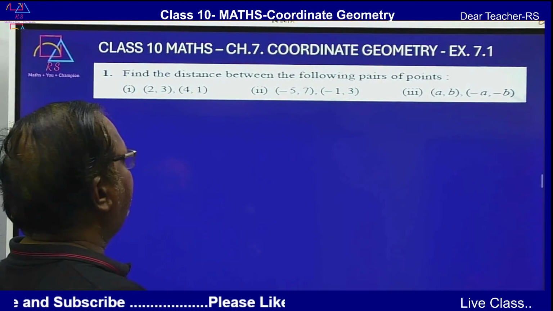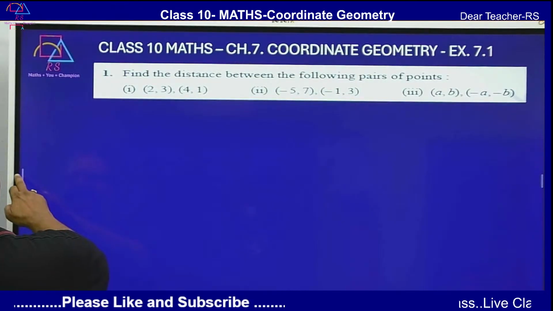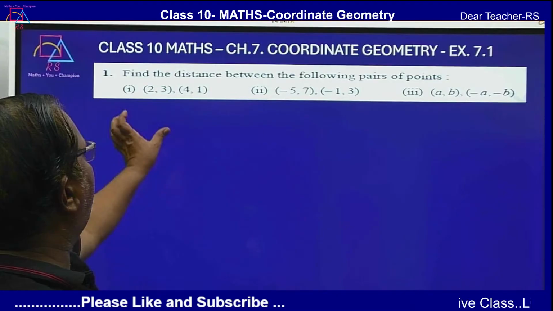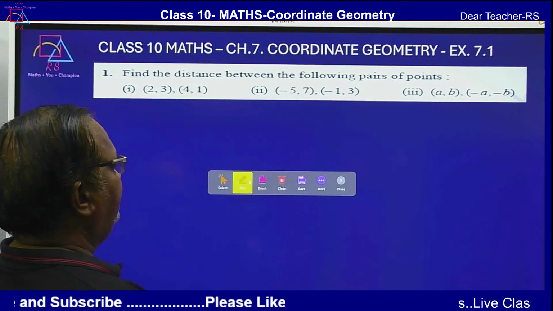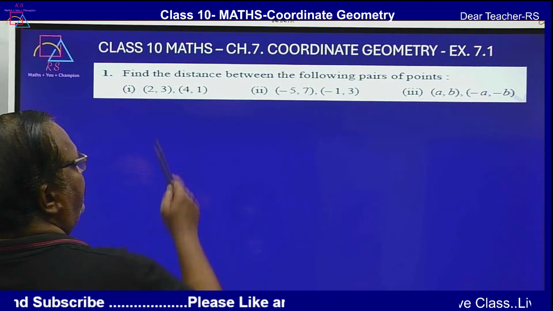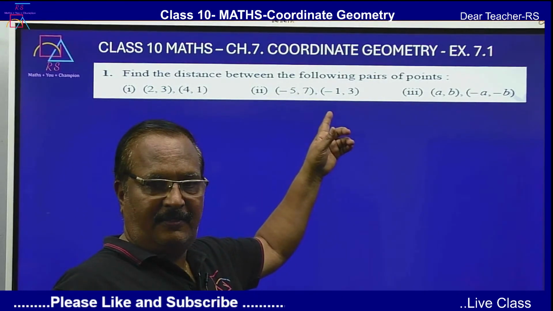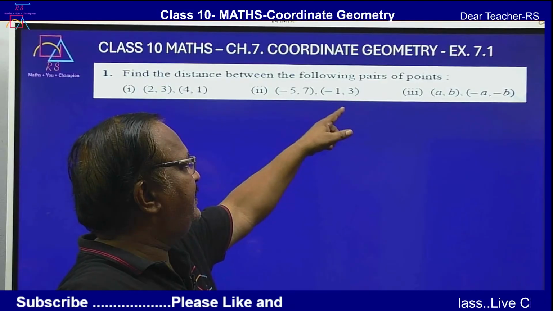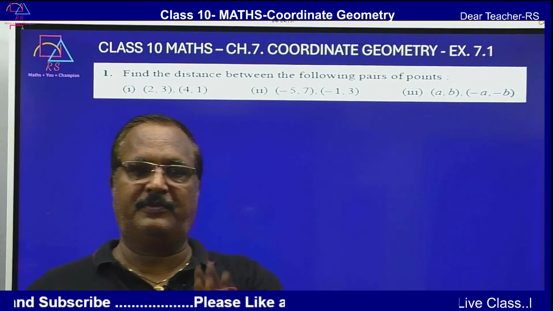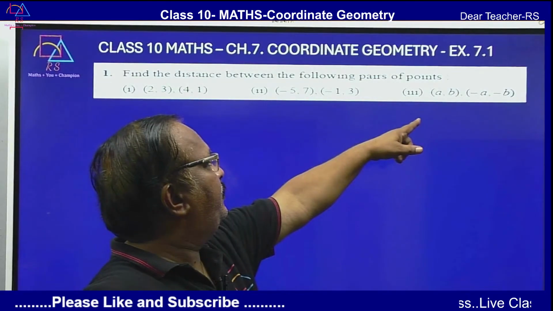Find the distance between the points. Three problems are given. One problem is (2, 3) and (4, 1). One is (minus 5, 7) and (minus 1, 3). The other one is (a, b) and (minus a, minus b). These three problems. So maybe I will do the last question.